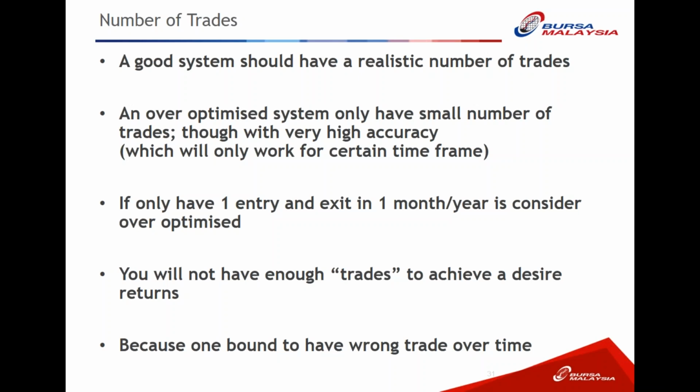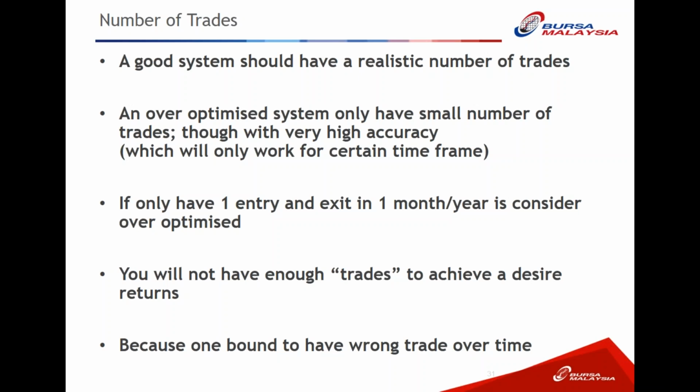So only an over-optimized system, something that you design and develop so that it works perfectly, would generate only one trade for 1 year. Or I've seen someone who tested a system that works very well according to this guy, 6 trades in a year.